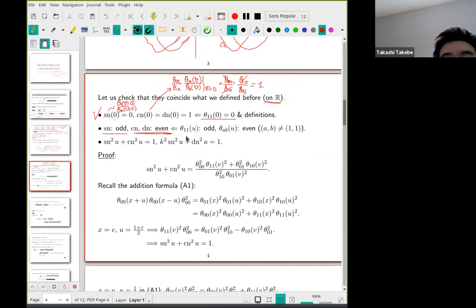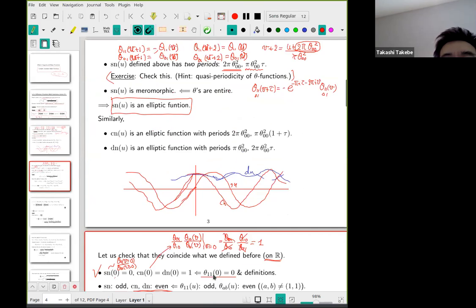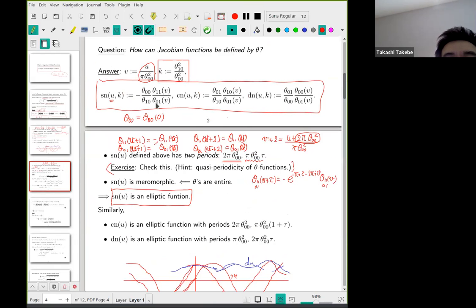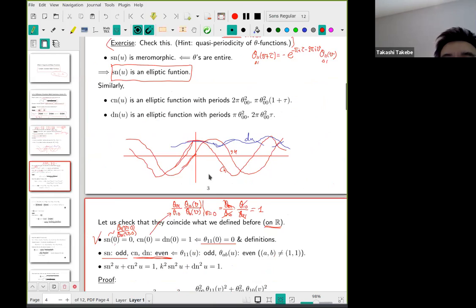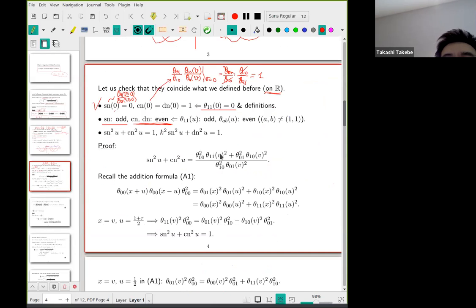Actually, it's really so because the denominators are theta 0, 1, so they are even, while the numerator is odd here, even here. So sn is odd and cn and dn are even.